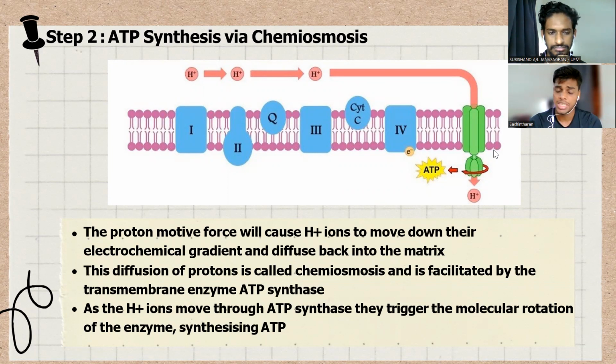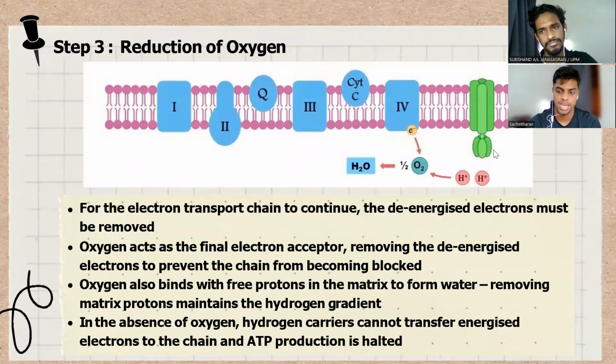This diffusion of protons is called chemiosmosis, and it is facilitated by the transmembrane enzyme known as ATP synthase. As the hydrogen ions move through the ATP synthase, they trigger the molecular rotation of the enzyme, and this makes the enzyme synthesize ATP, known as energy. Okay, next slide.